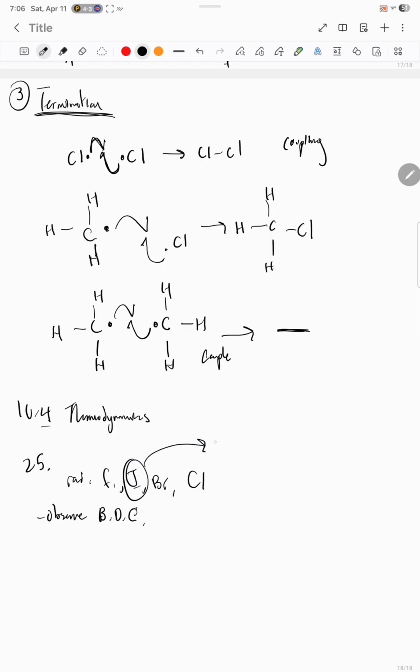The answer says it's the only one that's positive and not exothermic.